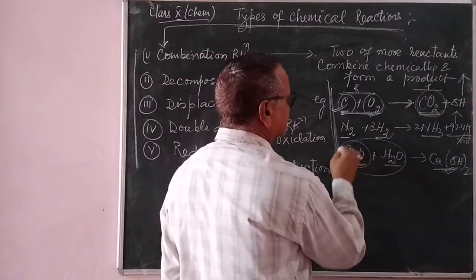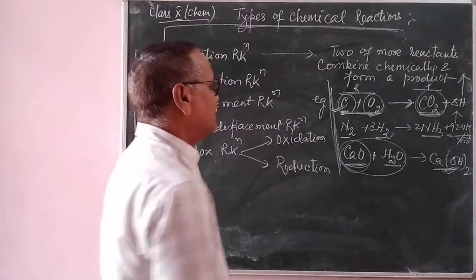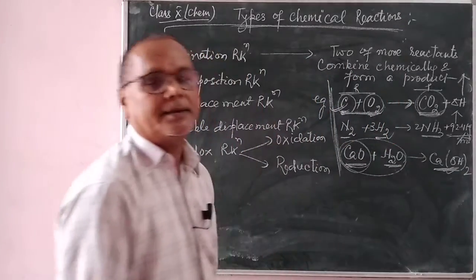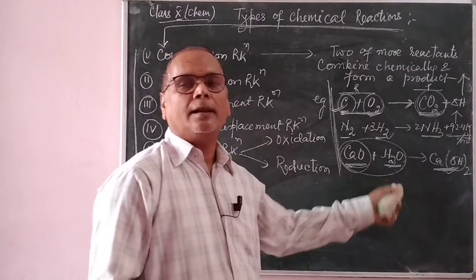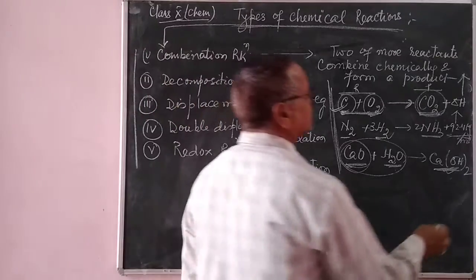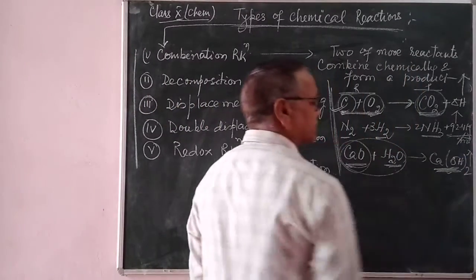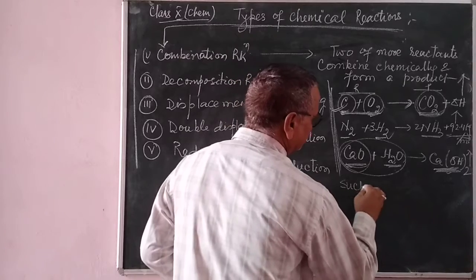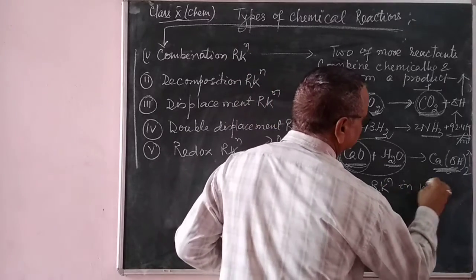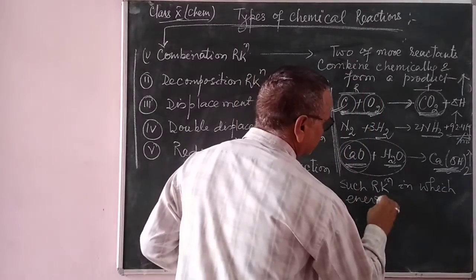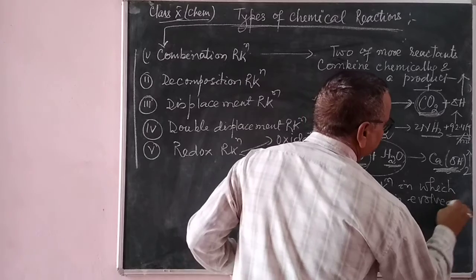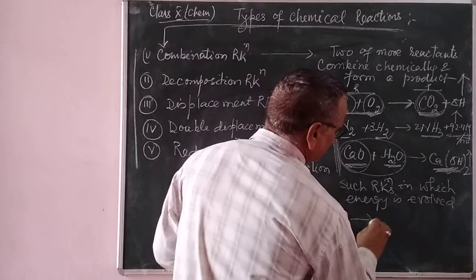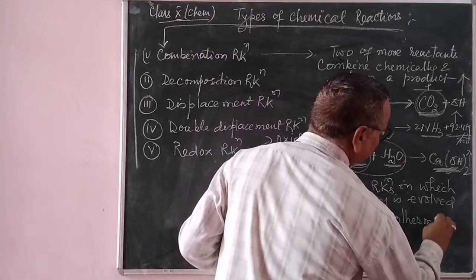In this case, calcium oxide, that is quicklime, when mixed in water, produces a new product, calcium hydroxide, and the water will boil, which means energy is released. So in all these cases heat is evolved, and such reactions in which energy is evolved are also called exothermic reactions.